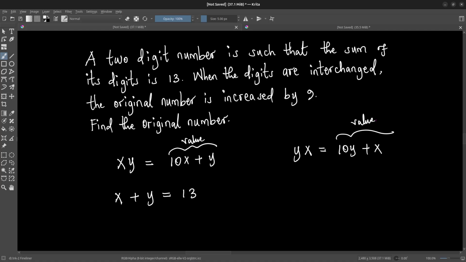So when you compare this new value with the original one, the new value is the same as the original plus 9. So 10y plus x, the new value, is the same as the original value, 10x plus y, increased by 9.